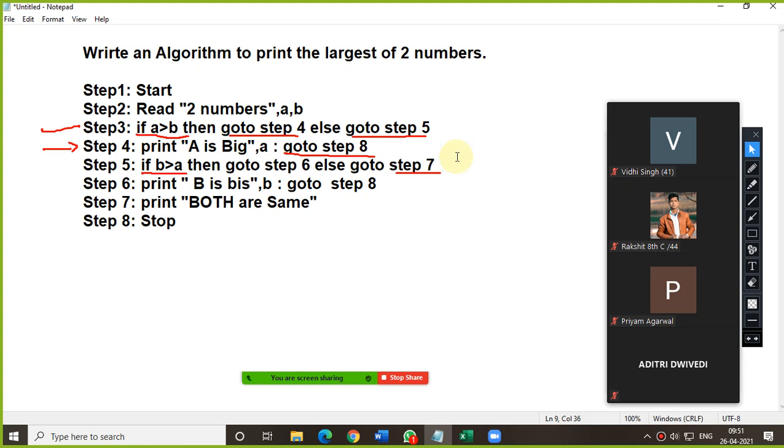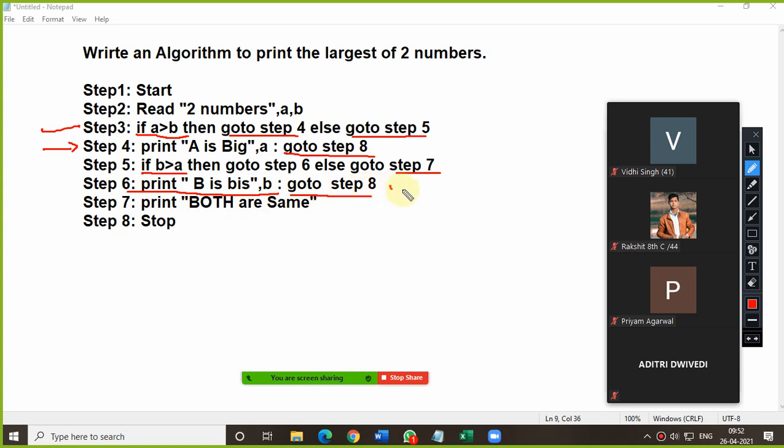Are you getting this? Yes, sir. Everybody please note down. So all the conditions I have fulfilled. If A is greater than B, then step 4 will execute. Otherwise, step 5 will execute. In step 5, again we are putting a condition. If B is greater than A, then we go to step 6, where you are printing B is bigger.